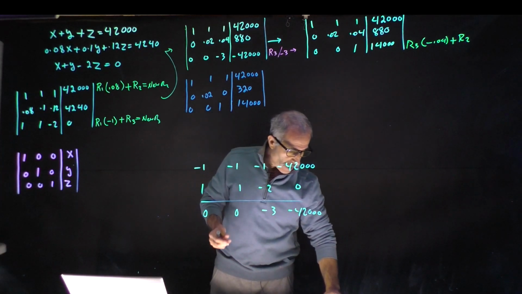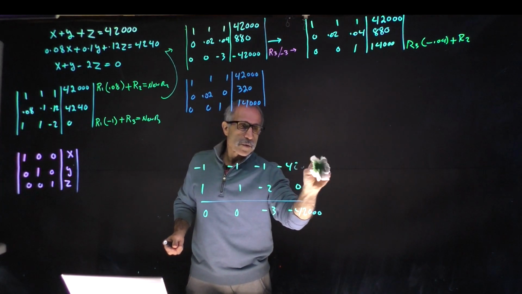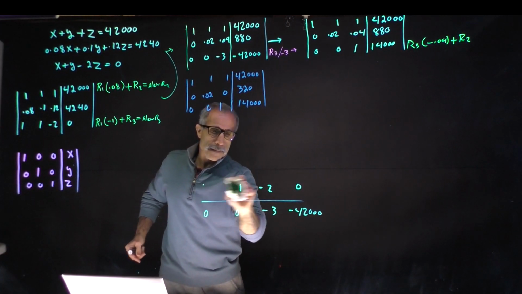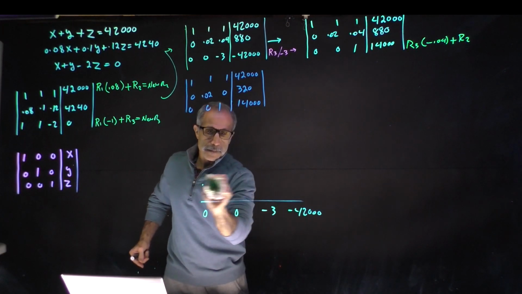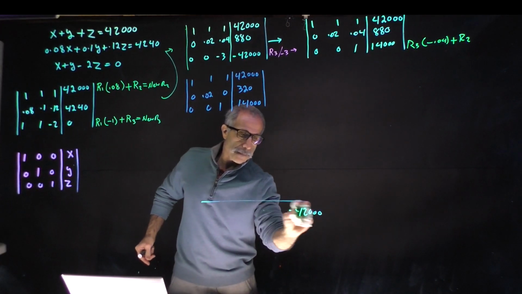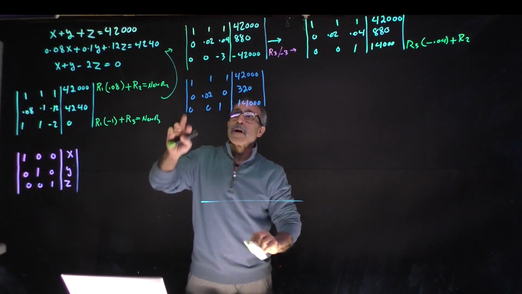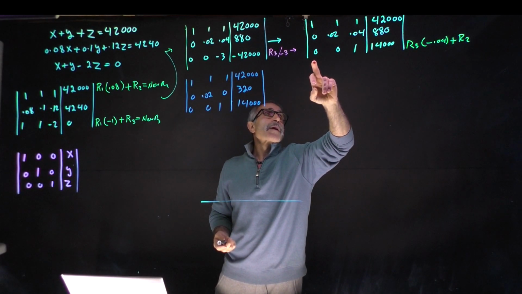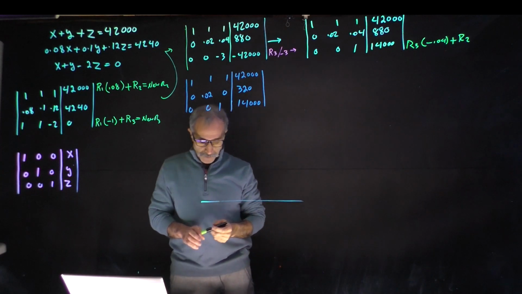Okay, to show you how we got that, let's do it like so. We do every step one step by step, to see how we got that number. We said we take row number 3, multiply by -0.04.